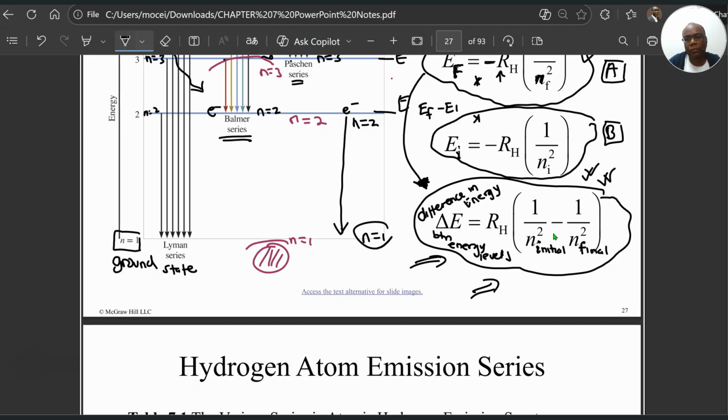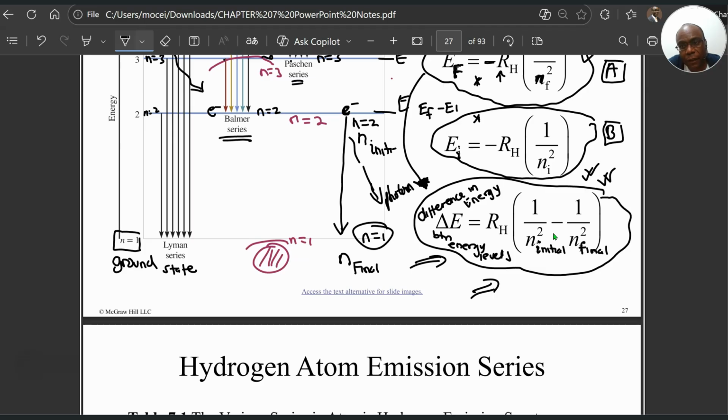So here n equals 1 will be my n final, where the electron ended up. If the electron starts from n equals 2 and drops down, emitting a photon, photon released, light emitted, n equals 2 is going to be my n initial.